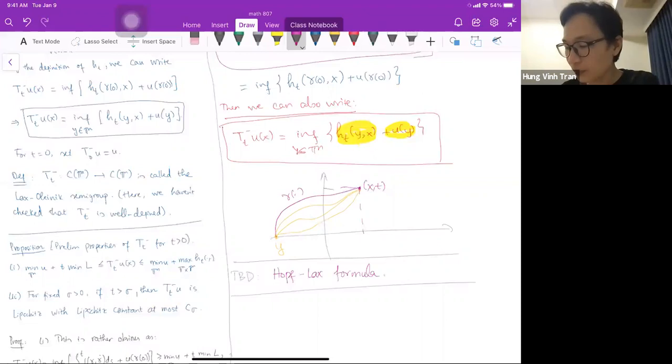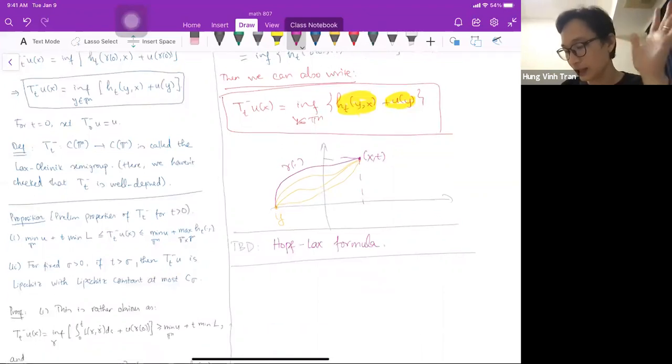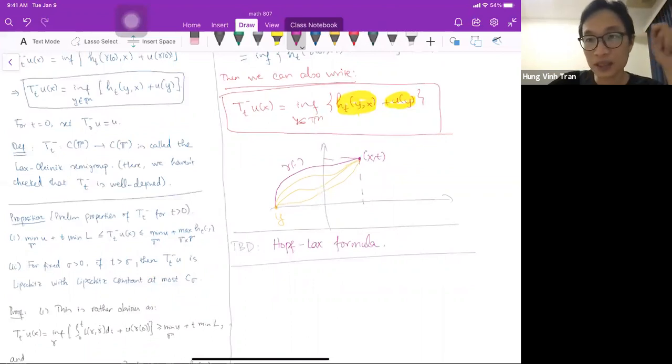Okay. So we're going to talk about that. If you have taken PDE 1 in chapter 3, you have seen that. But we can interpret and do that rather quickly here. But okay, let's focus on the preliminary properties of the semigroup here and see how everything is going.